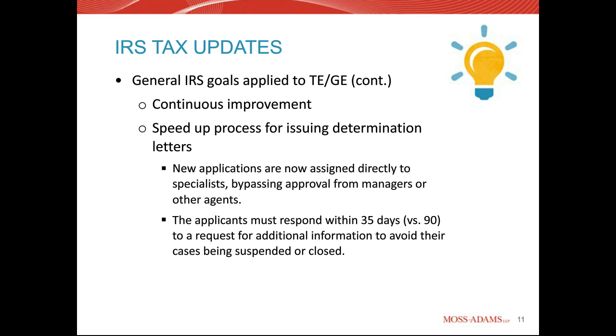The other change that they've made in their process is, it used to be, I'm a new organization, I send in my 1023 to receive exempt status. They have questions. Typically I had 90 days when I got the questionnaire to respond to them. Well, now that 90 days has shortened to 35 days to respond, or my application gets suspended or closed. So they're speeding us up too.